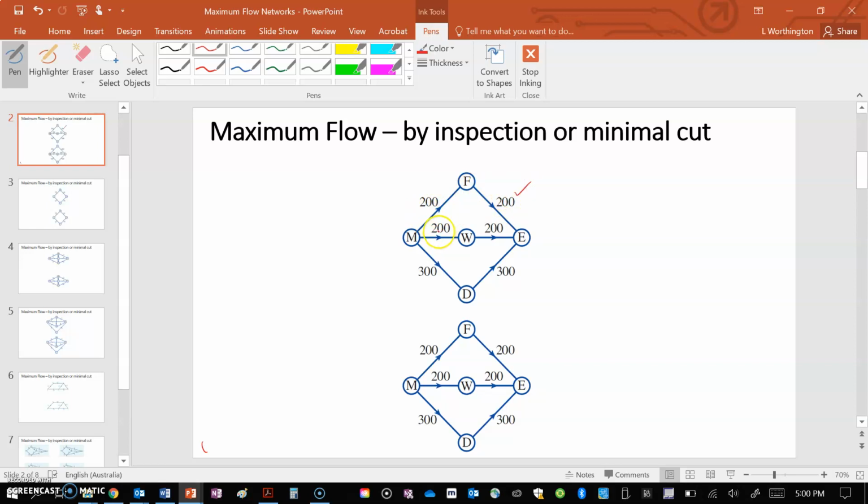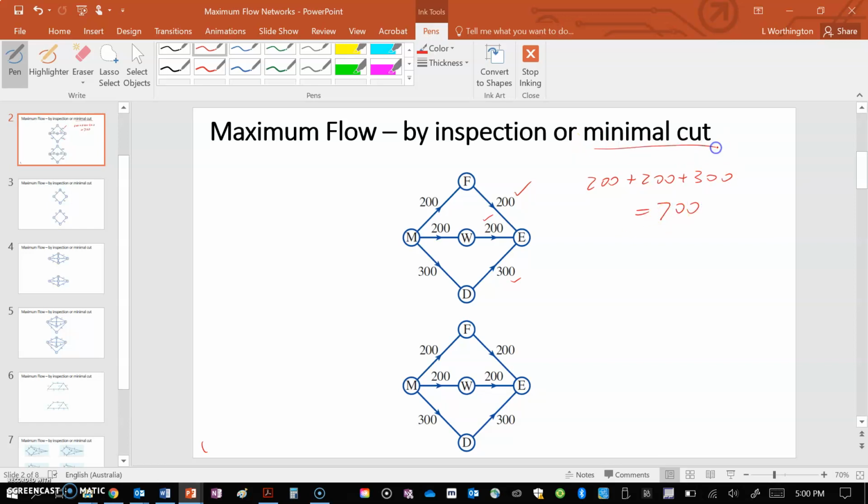And then similarly here, we've got the 200 going into 200, this one is met, and the 300, 300, this one is met. So our maximum flow, or our full capacity, would be the 200 plus the 200 plus the 300, and that gets us that 700.